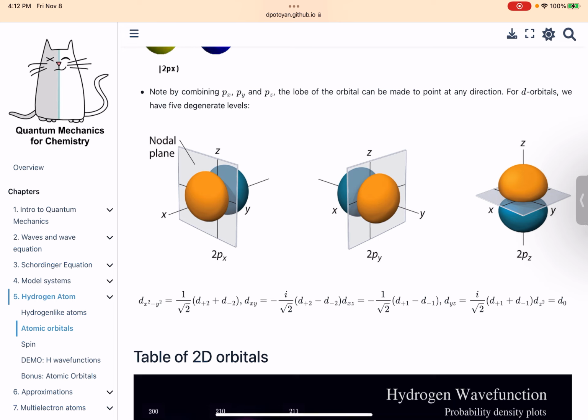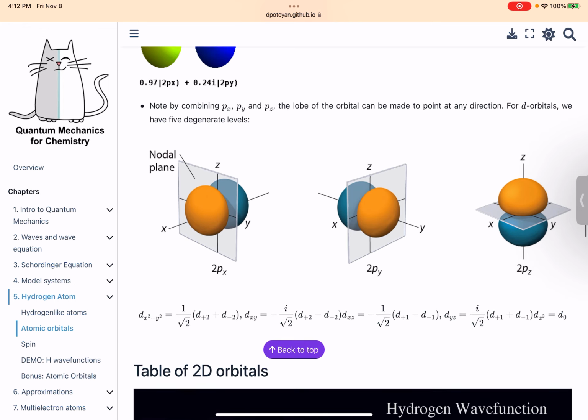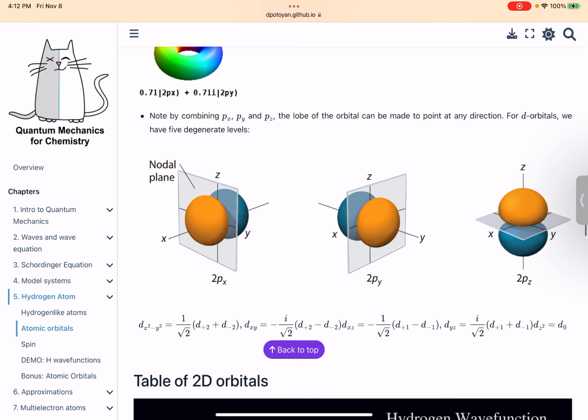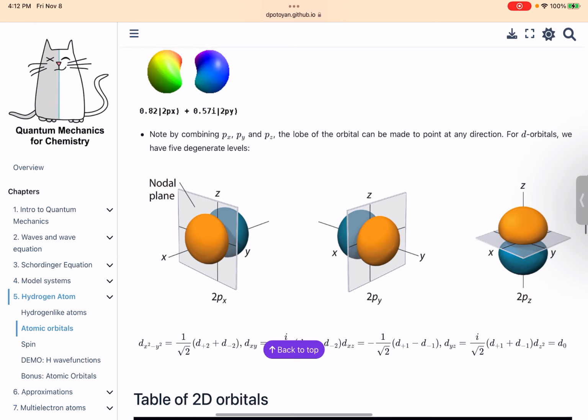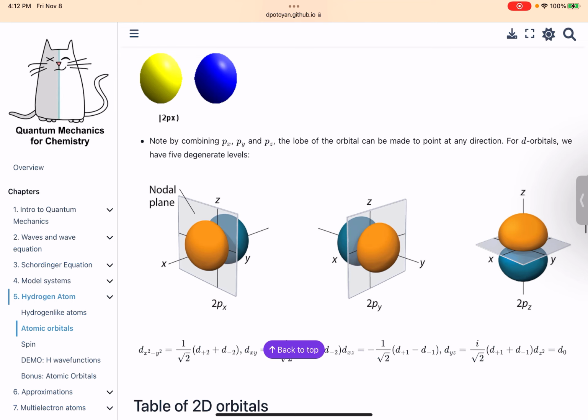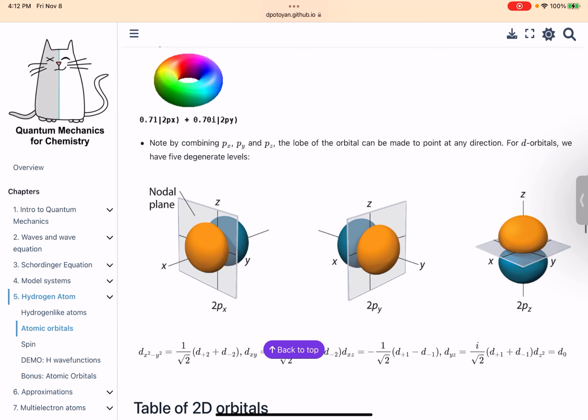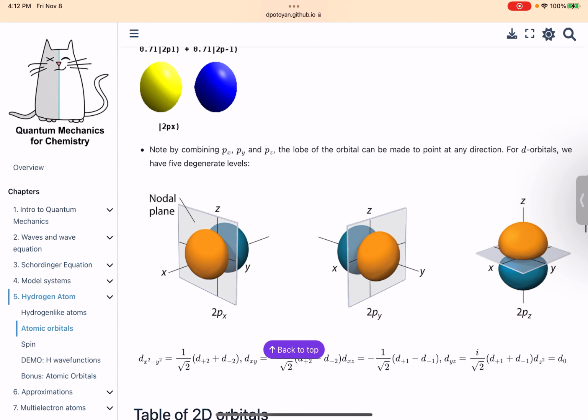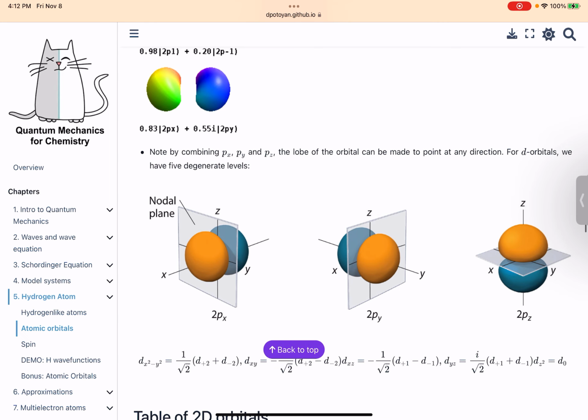So I guess the important thing here is to know what chemists have done. They've simply chosen a convenient way of visualizing this orbital. They haven't changed it in any way. They just use the fact that these are degenerate orbitals. You can take a different linear combination and find a convenient one that turns the function to purely real form.